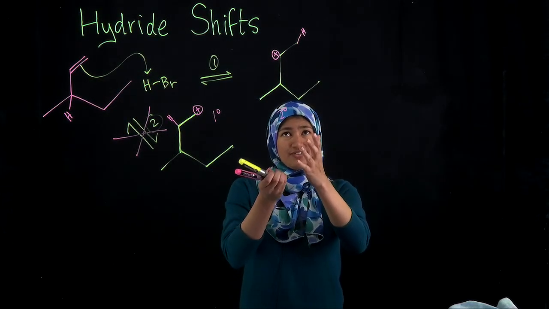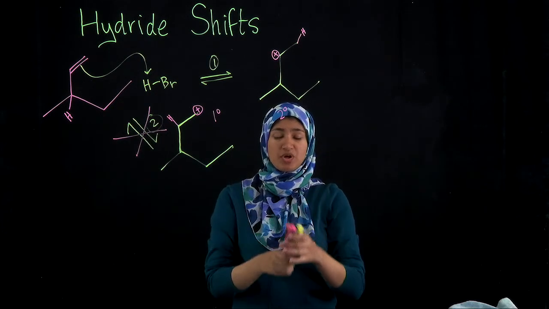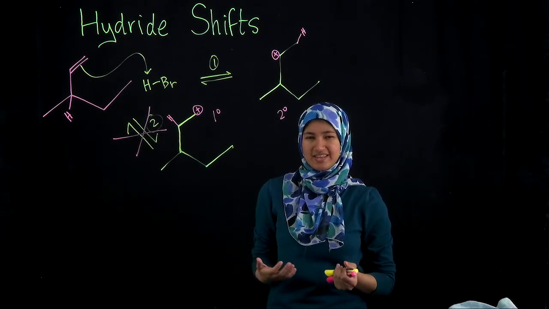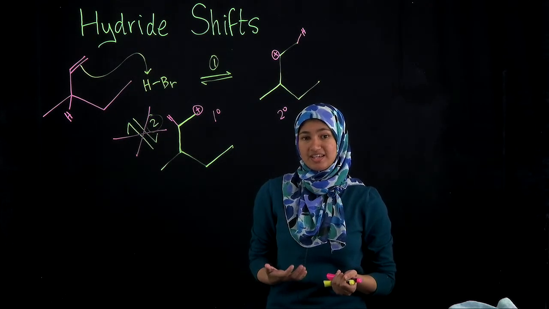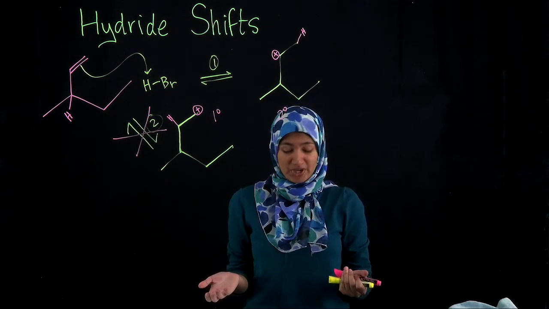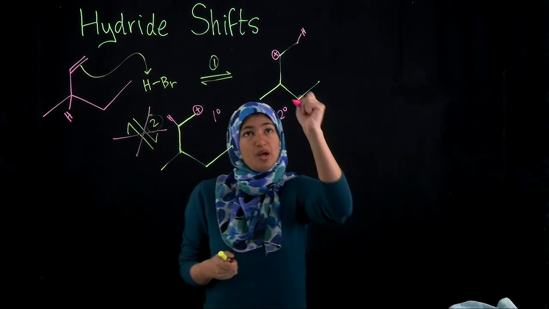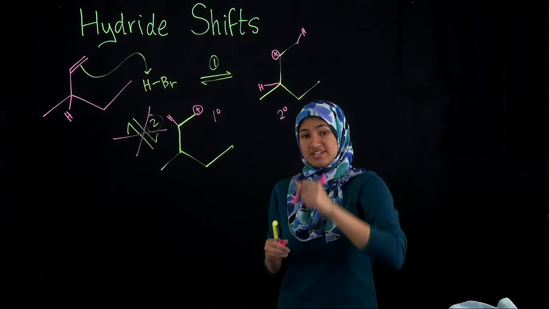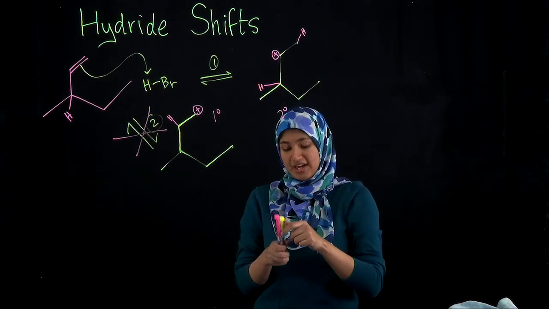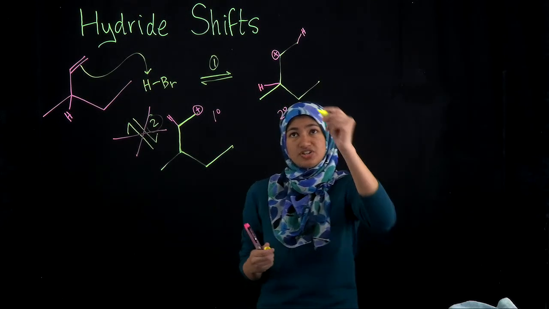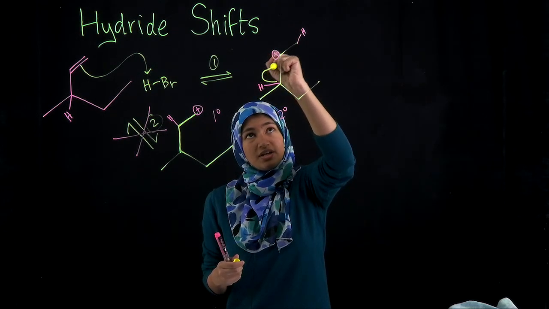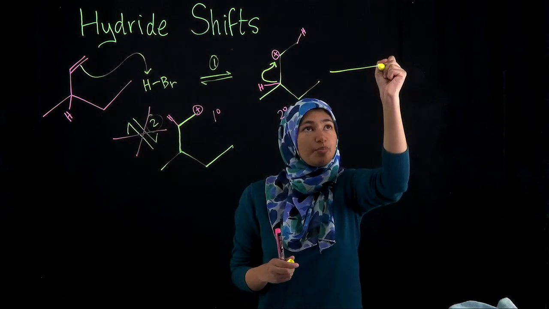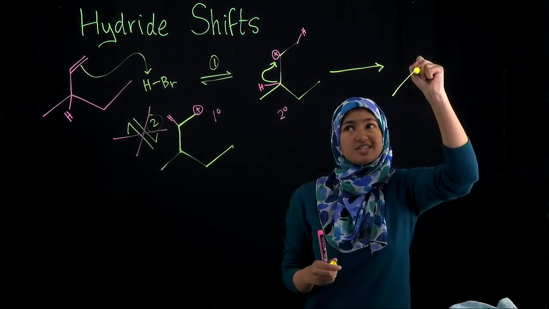So what we have here is a 2° carbocation, but we can make this more stable. We can make it into a tertiary carbocation, and we can do this through a hydride shift. There's a hydrogen here on this carbon right next to the carbocation, and what this hydrogen can do is move over onto this carbon over here, producing this species.